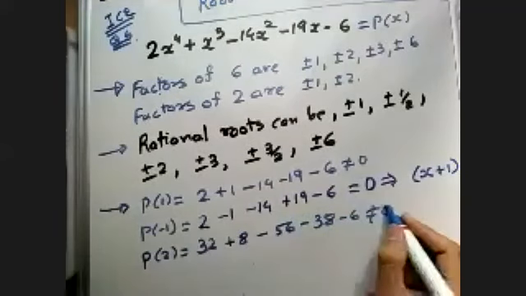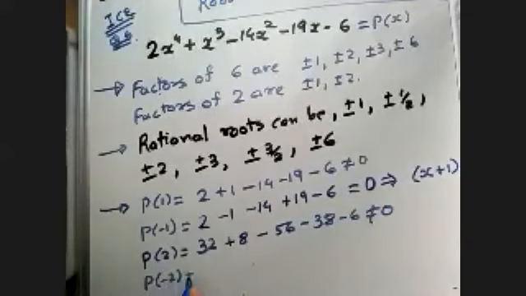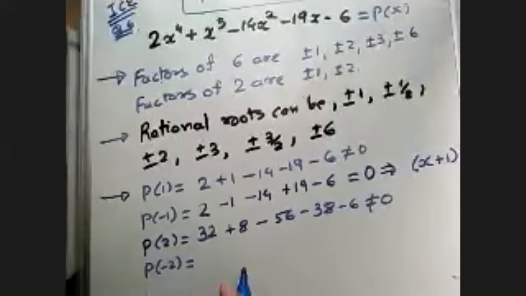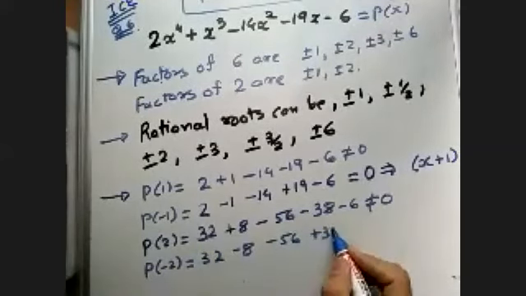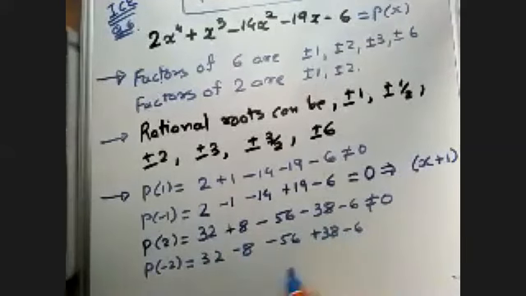So if I check it for minus 2, so minus 2 to the power 4, this will be plus only, but this will become minus. This will be minus only, but this will become plus, and this is negative. So 38 and 32, this will become 70, isn't it?